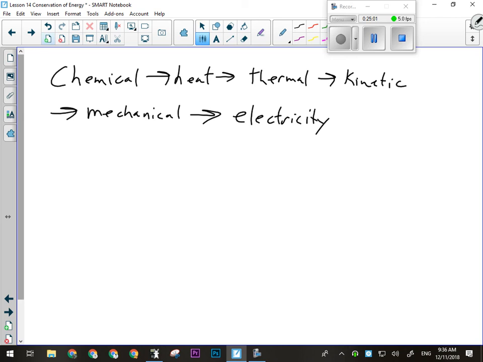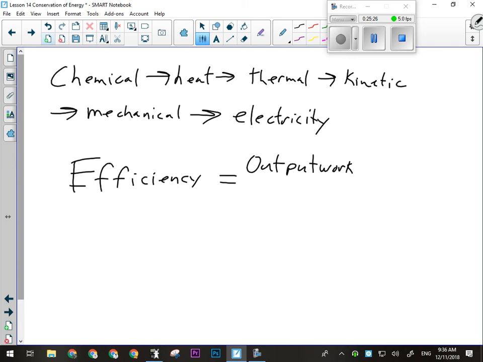So is that sort of making some sense? The other perspective here, guys, that we're looking at this from for the lab is efficiency. Efficiency, and you probably talked about this last year in science, is really a percentage. It's your output work, so effectively the work that the car, or whatever the machine is, actually does, divided by the input energy.